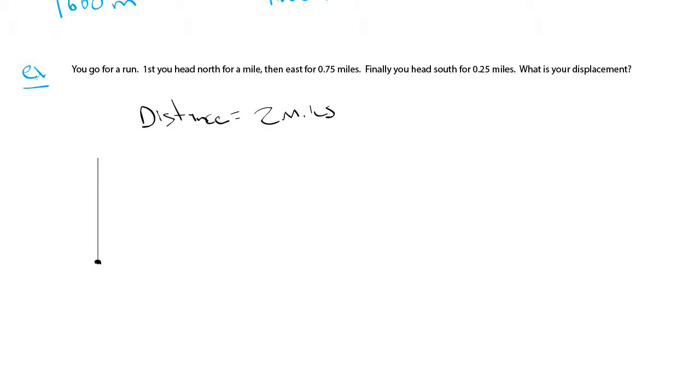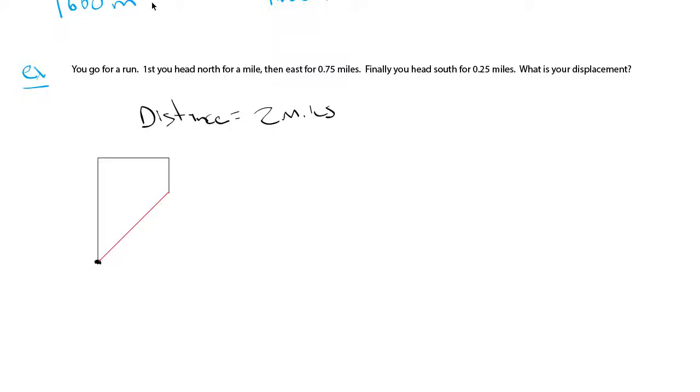So you go north for 1 mile, then you head east for 0.75 miles. I'll try to be roughly to scale here. And then we go south for a 1/4 mile, like so. So my displacement is the vector difference between this point right here and the start point right here. In other words, if I draw it, my vector displacement is represented by that red line.